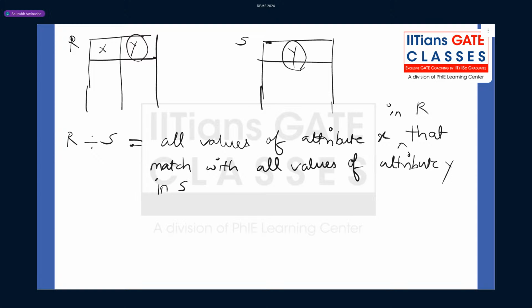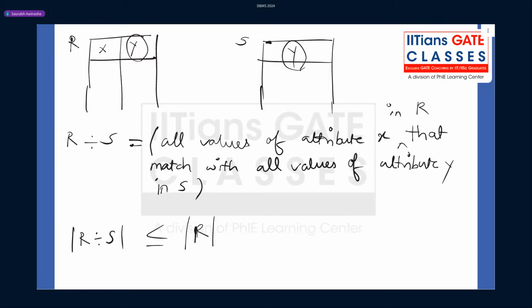Okay. So based on the definition, one thing is sure, right? That whatever we do, the cardinality of R divide S is definitely going to be less than or equal to the cardinality of R, right?